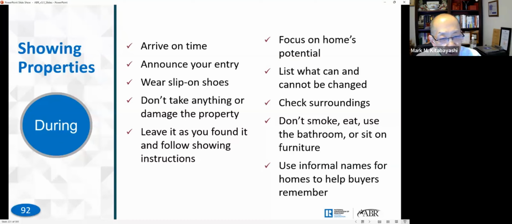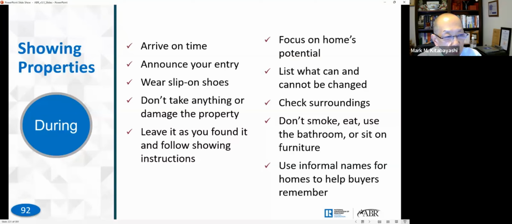Also, for safety reasons, at least in the United States, remember, real estate is sometimes a little bit different in different countries. Sometimes you're putting strangers into strangers' houses. That's what we do every day. That sounds really crazy, right? So your safety is one of the number 1 concerns you have to be worried about.